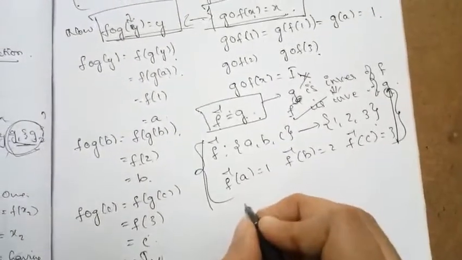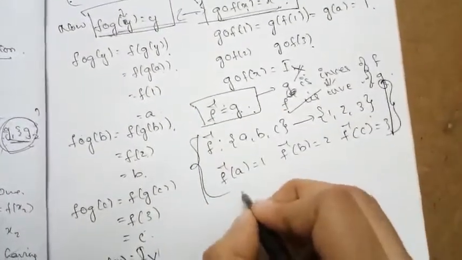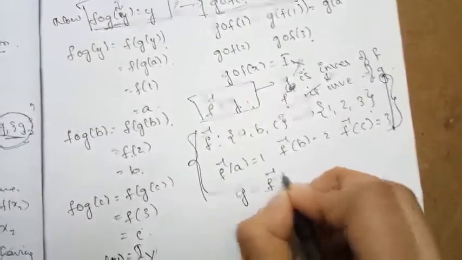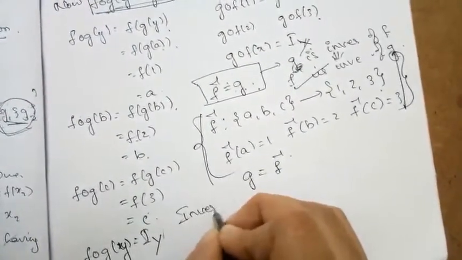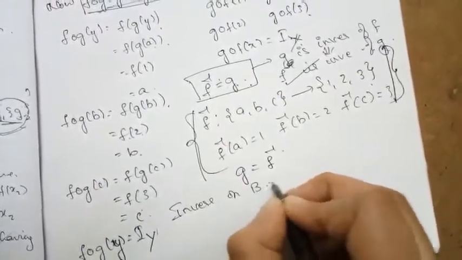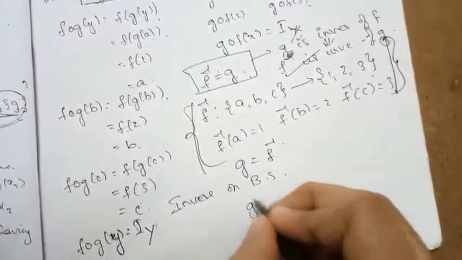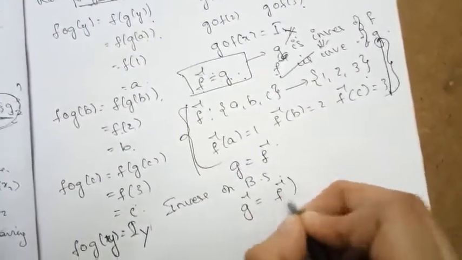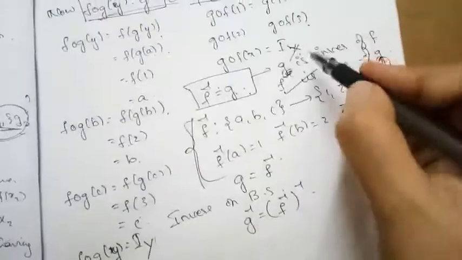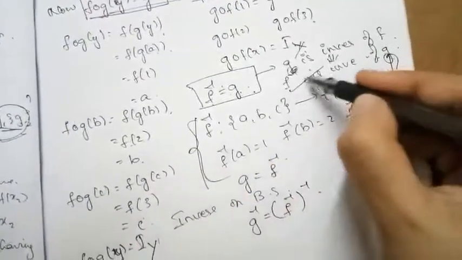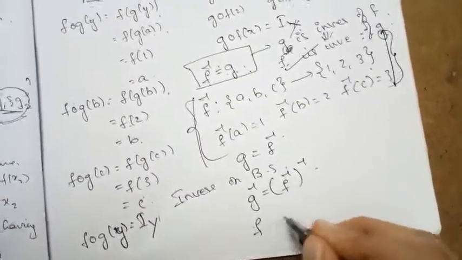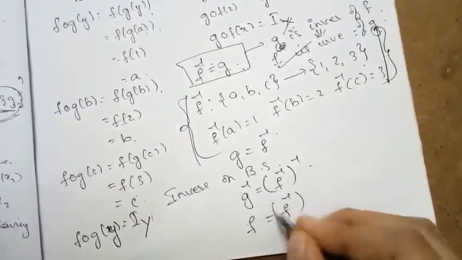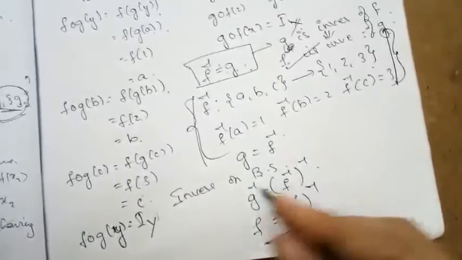So what does this say? g is equal to f inverse. If I take inverse on both sides, g inverse is equal to f inverse whole inverse. What I said: if g is the inverse of f, then f is the inverse of g. So g inverse becomes f. So f inverse whole inverse is equal to f.